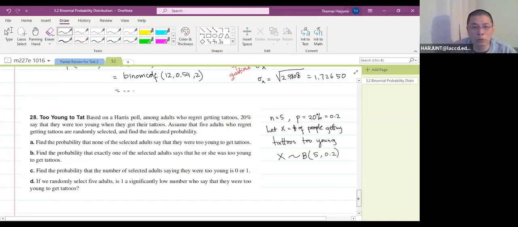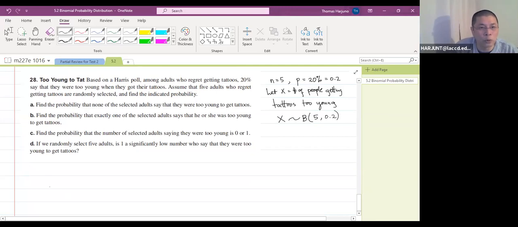Now, what I want you to do is to compute part A, part B, and part C. Let me see if there's another question we can use to do this later on.